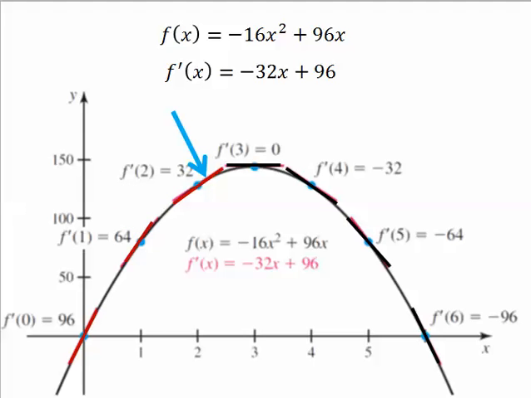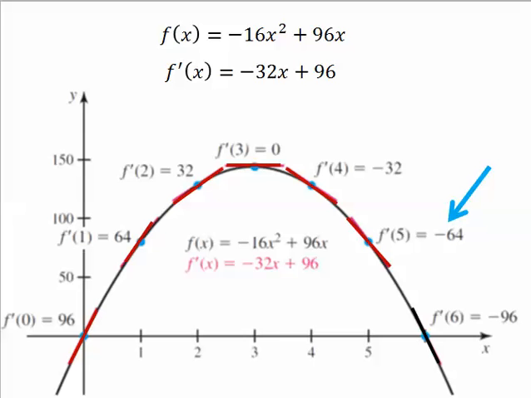At 2, 32 feet per second, I see that my velocity is decreasing. I have a flatter tangent line. When I get to time equals 3, my velocity is 0 and I have a horizontal tangent line. When time equals 4, I have a negative slope of my tangent line and a negative velocity.